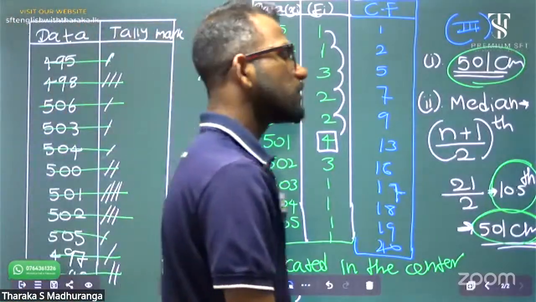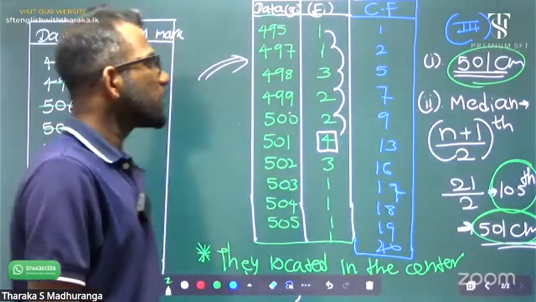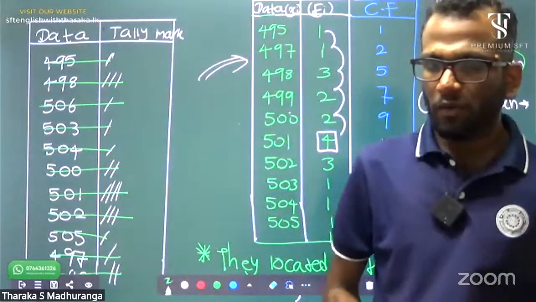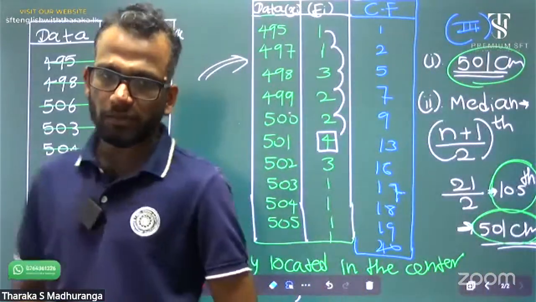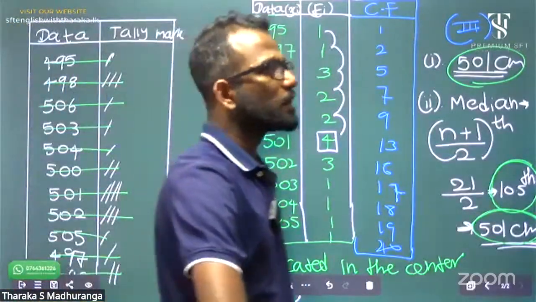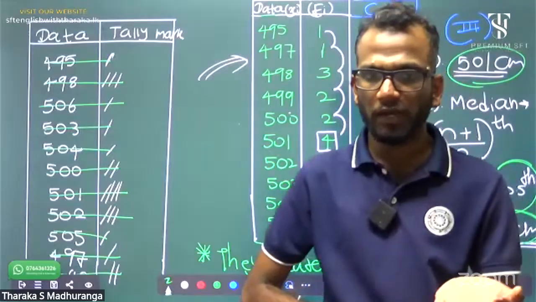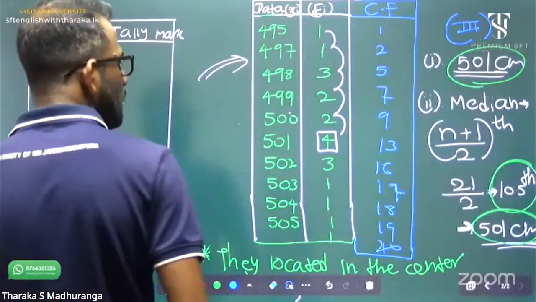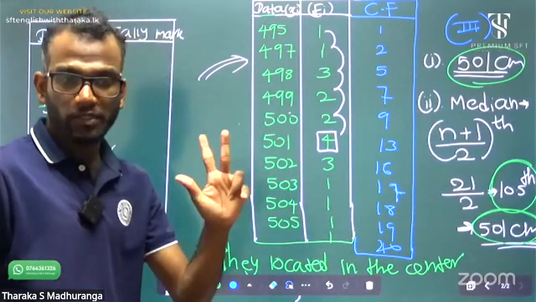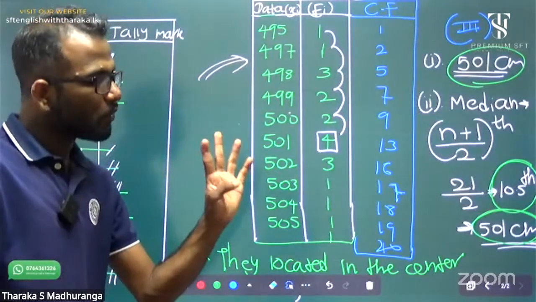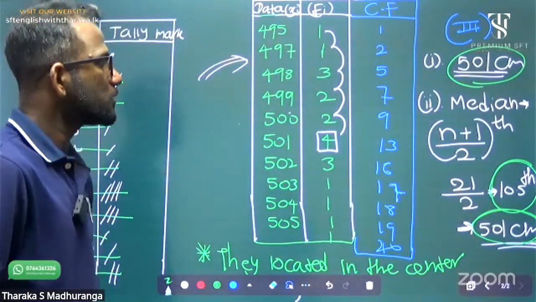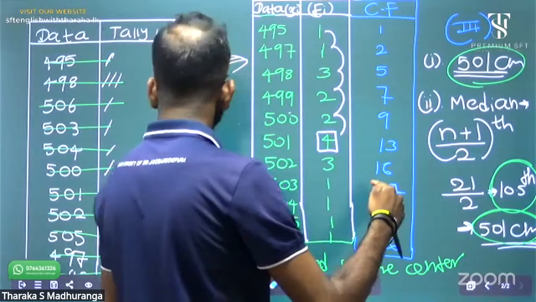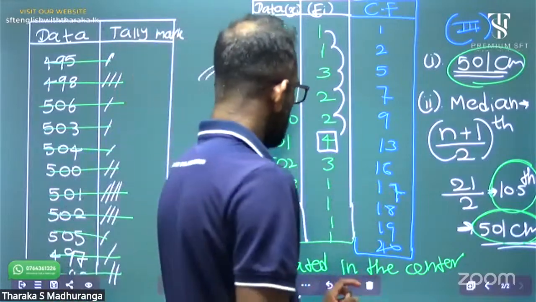That's why I told you to explain about central tendency. Last week we discussed central tendency. We have three measurements to explain central tendency: mode, median, and mean. According to this graph, what is the mean value?